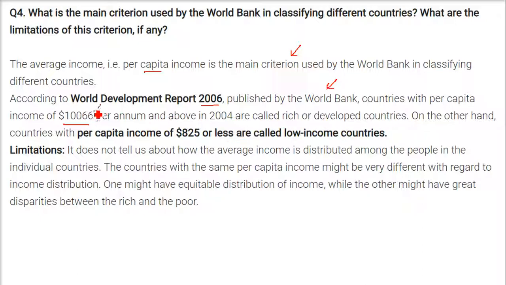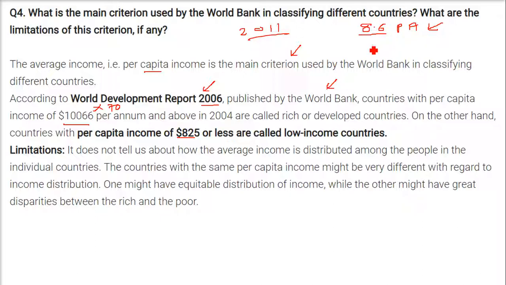So you just have to multiply this by 70 because the dollar rate is 70. On the other hand, the countries with per capita income of $825 or less are called low-level countries. So I'll just give you an idea about the 2011 data. In this 2011 data, any country having the per capita income of 8.6 lakhs per annum is considered to be a developed country.